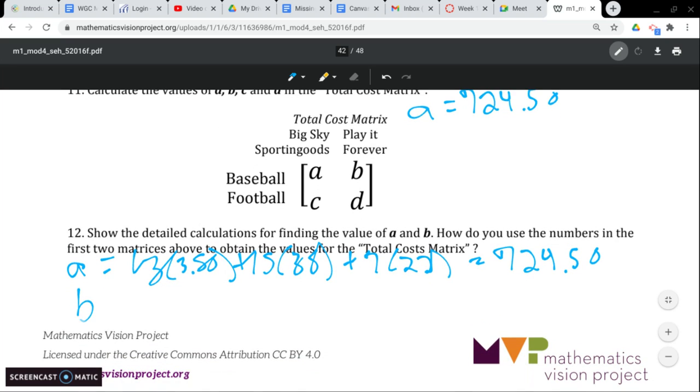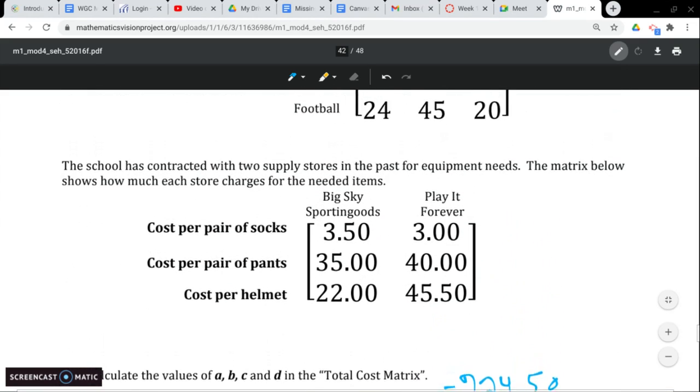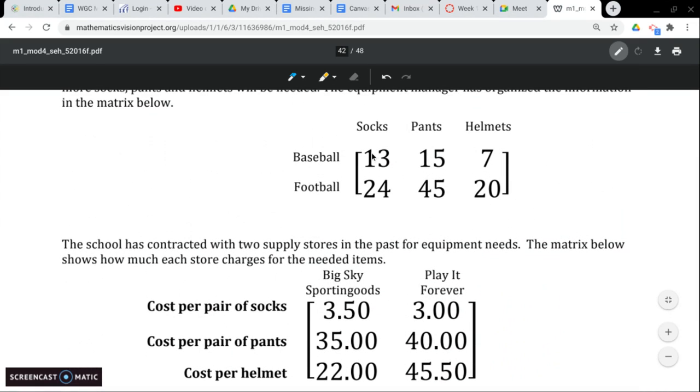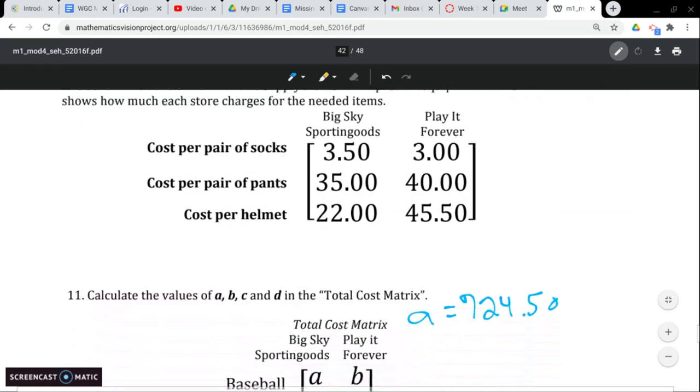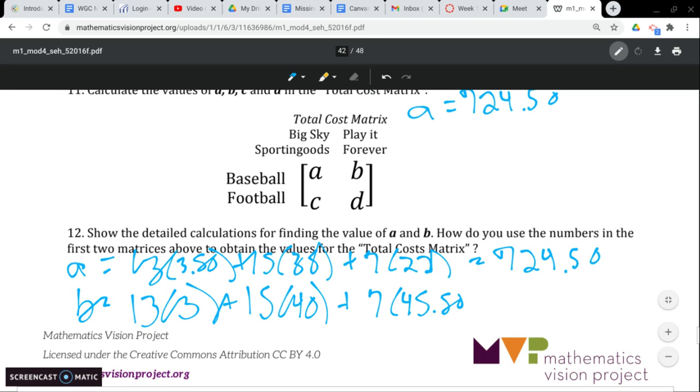Now for B, we're looking at the play it forever. We're still going to do the first row, but now we're going to do the second column. That's going to get us our B. So we have 13 times 3 plus 15 times 40 plus 7 times 45.50.